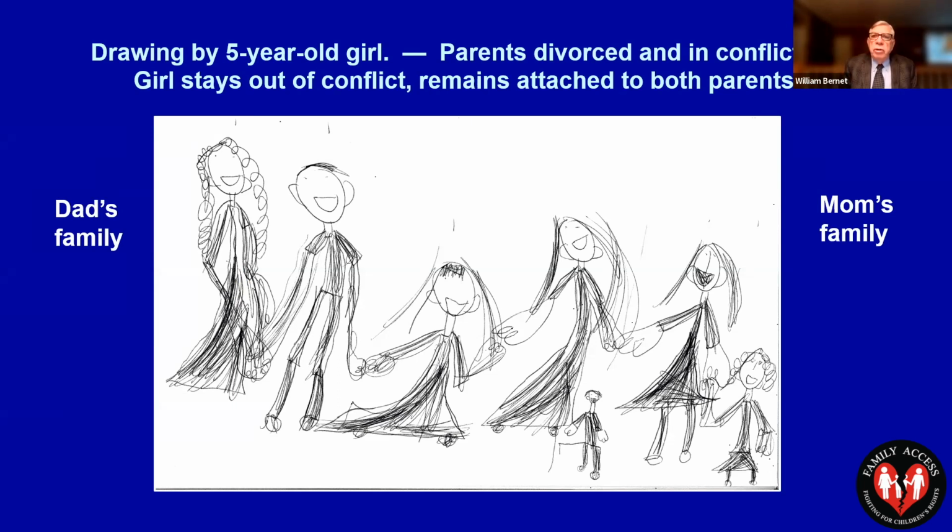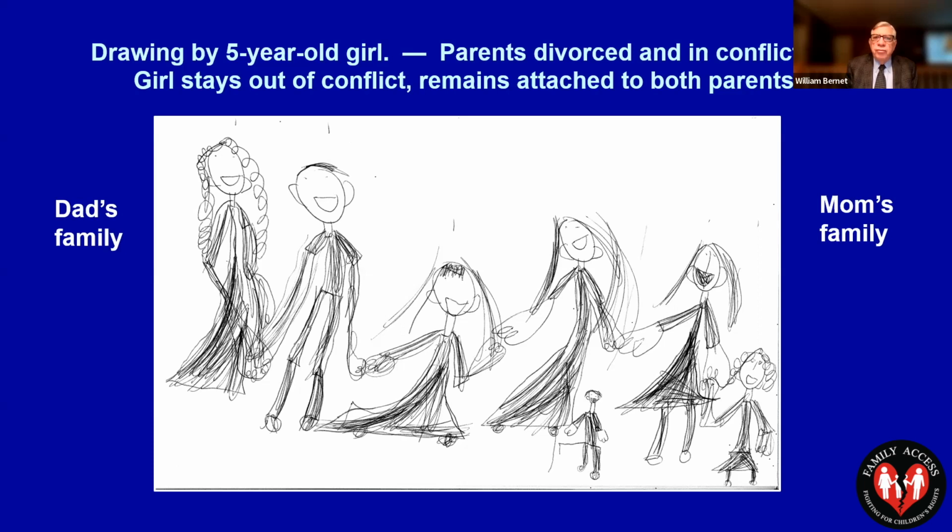Now, I'm giving you a little bit of history to some of these pictures. And in this particular case, I knew this because I evaluated the family. So I'm obviously summarizing what was going on in the family. And then I'm saying, well, how would a little girl draw her picture of her family in this situation?